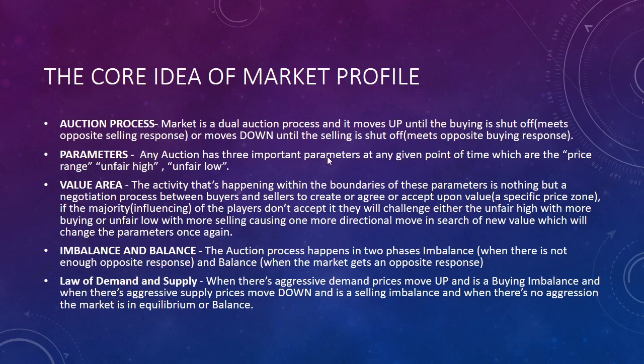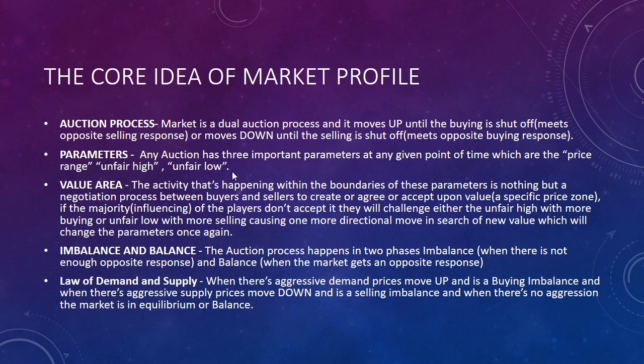And those imbalance and balance phases of the market are purely driven by demand and supply, right? Demand and supply are the main driving forces behind changing the parameters, because surplus demand can cause the price to surpass the unfair high, or break the unfair low.